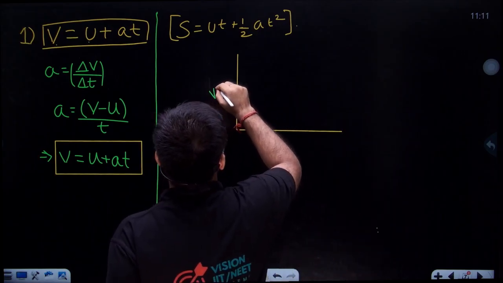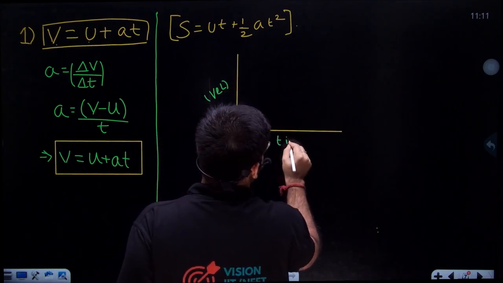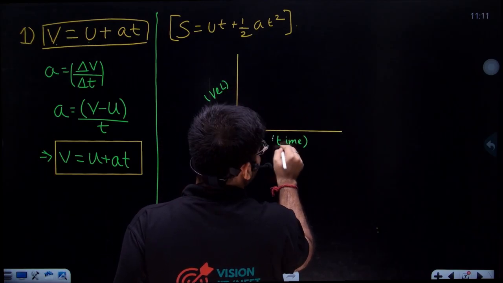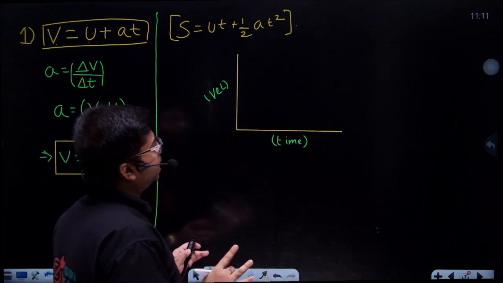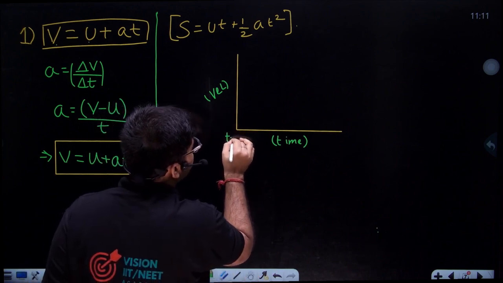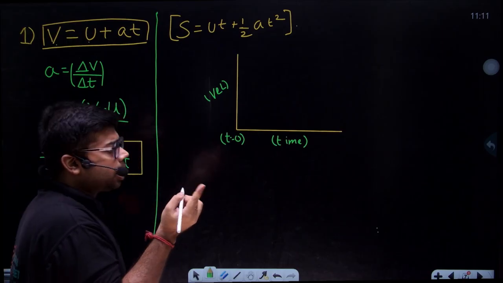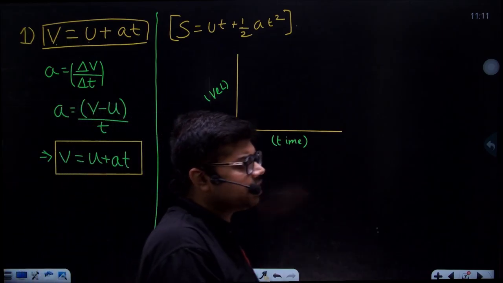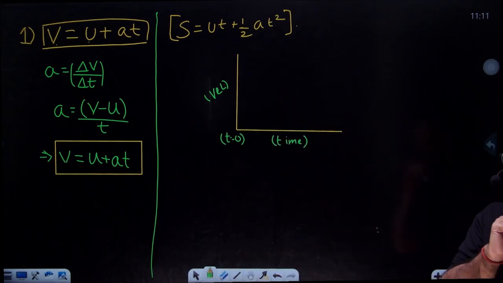So this is velocity and this is time. Okay. Now suppose that at time t is equal to 0, a body is having some initial velocity, and let that velocity be u.